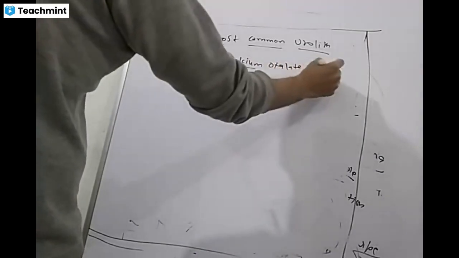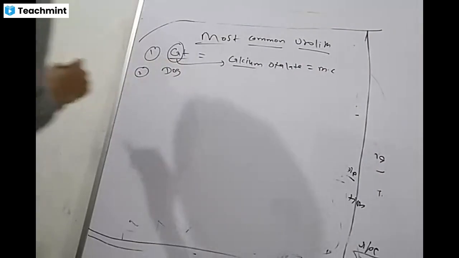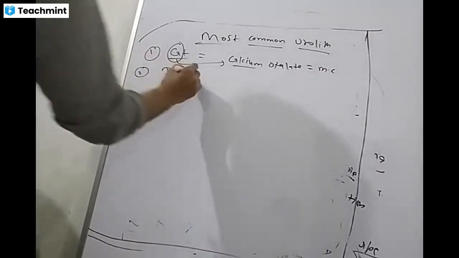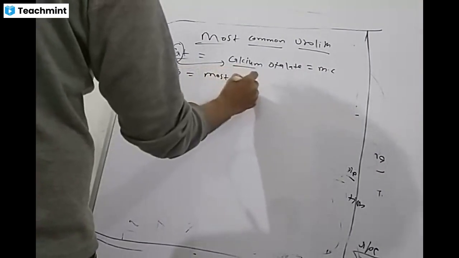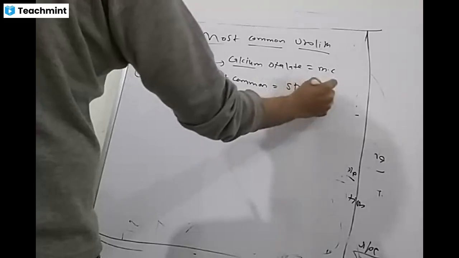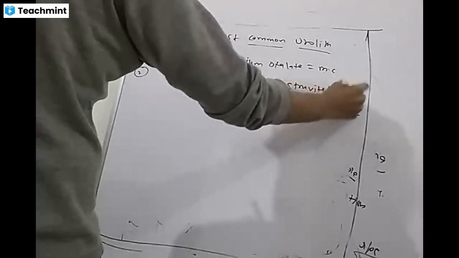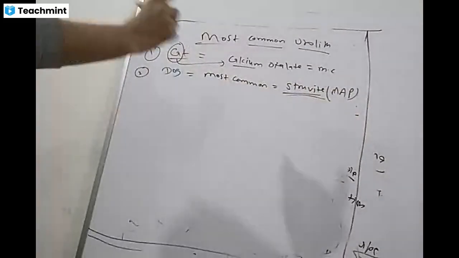Calcium oxalate is most common. Number two is dog. Most common calculi are struvite, also known as magnesium ammonium phosphate. Struvites are the most common calculi in case of dog.